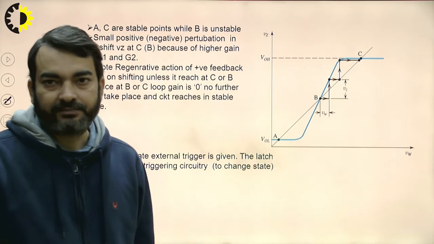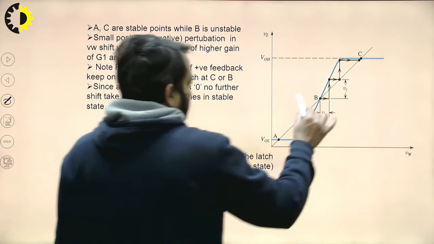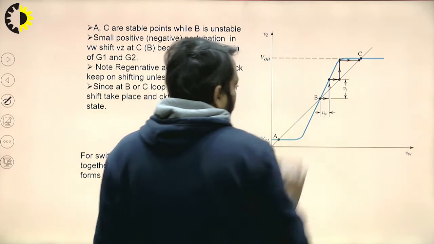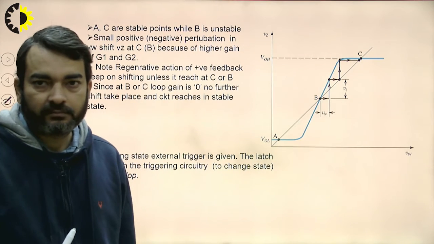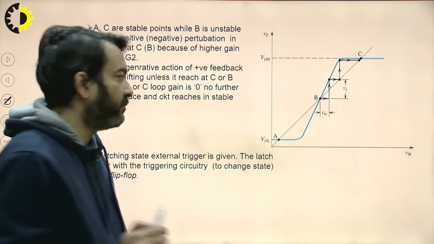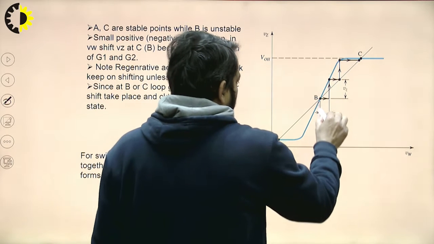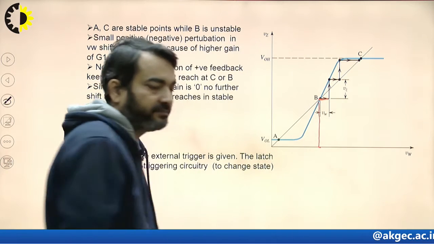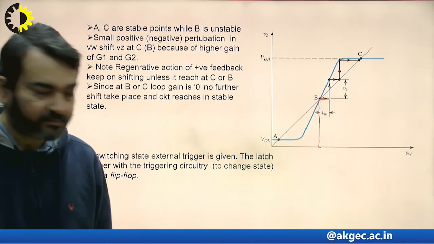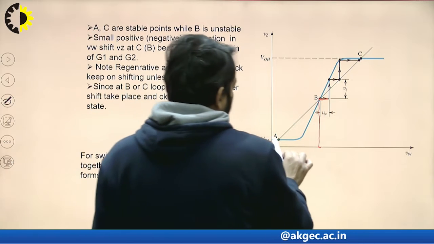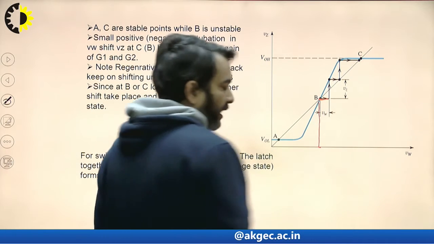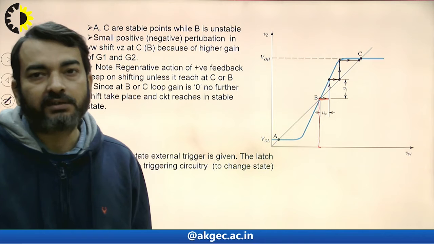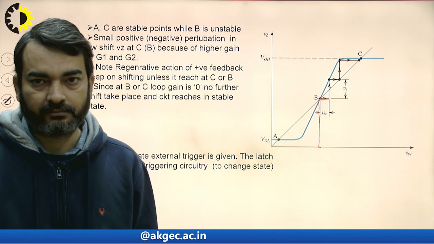So let us see. Suppose we are at point B and there is a small perturbation in the input, let's say this much of change. Note that this blue line plot is the VTC of the cascaded inverter system.